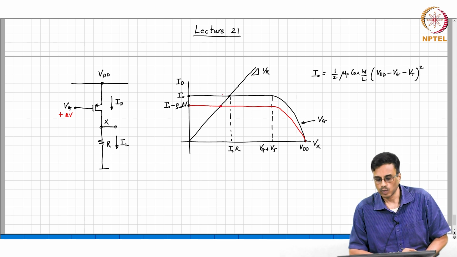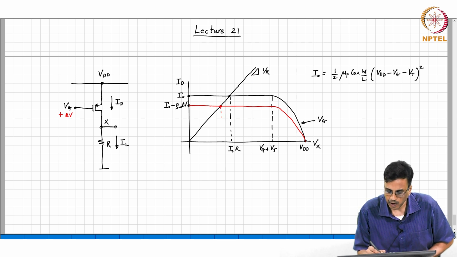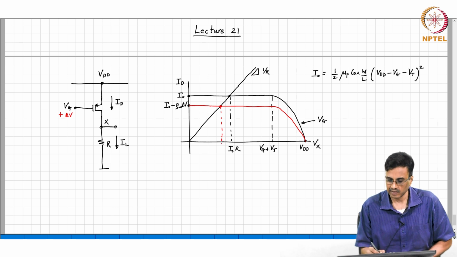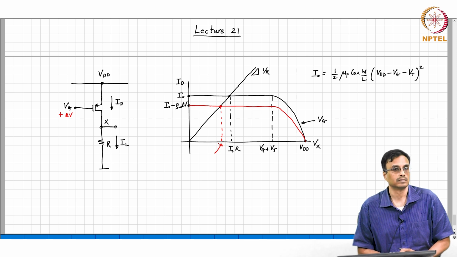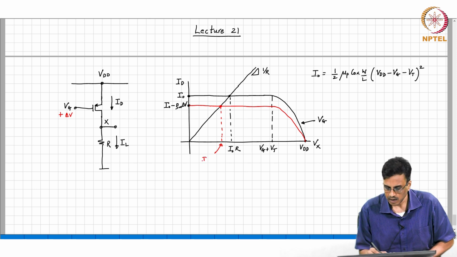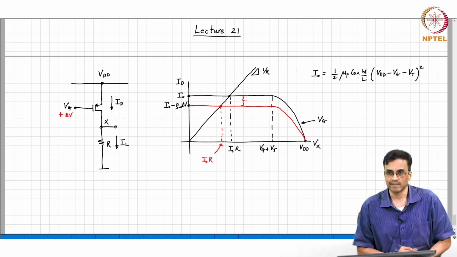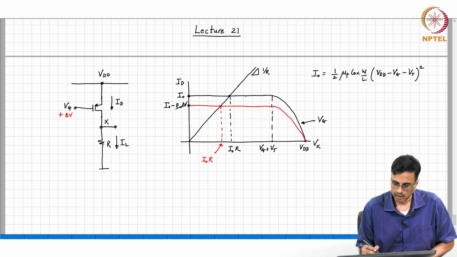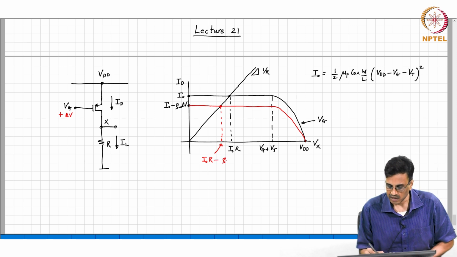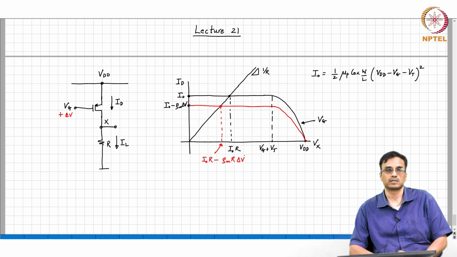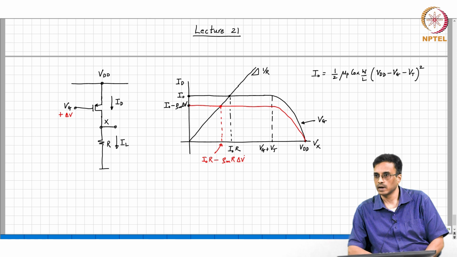What is the new operating point therefore? Yeah, so that is this point of intersection, and that is nothing but I naught R. Well, that distance is nothing but Gm delta V. So, the output voltage is Gm R times delta V. The voltage is shifted by that much, correct?